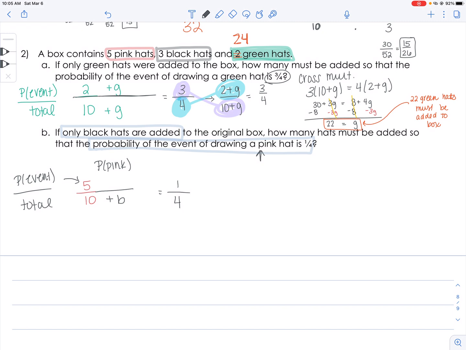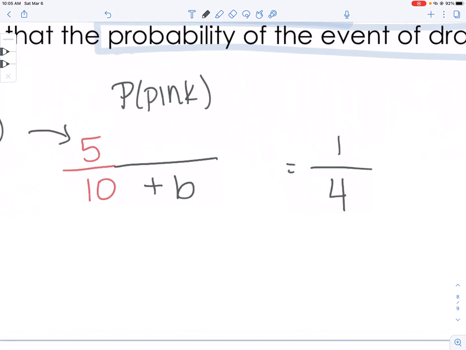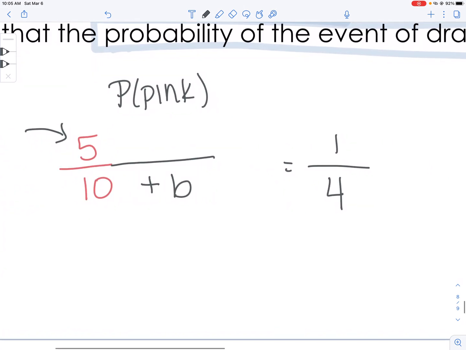So now this one is just going to be 5 over (10 plus B) equals 1 over 4. Because I'm not adding any pink hats, the 5 is not going to change. What I'm adding are black hats.